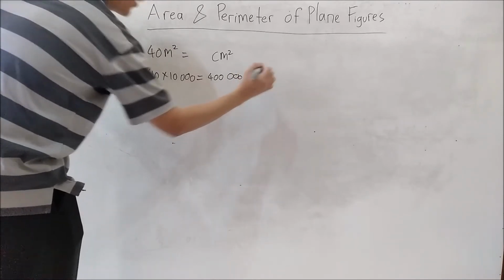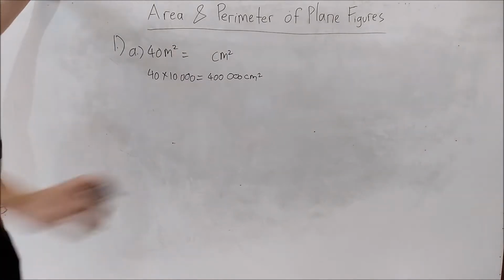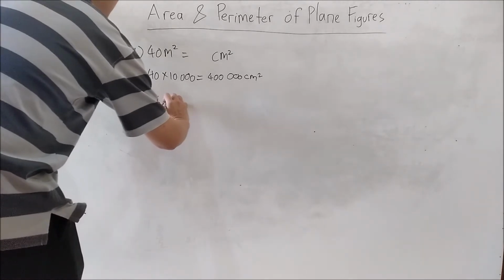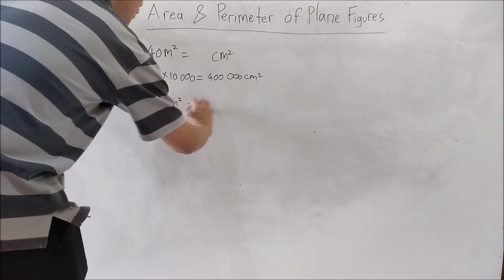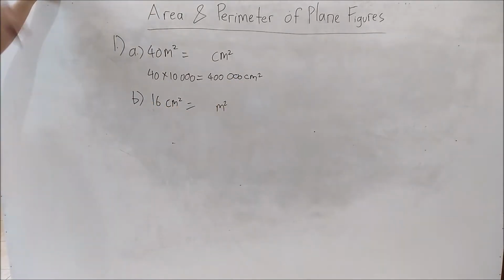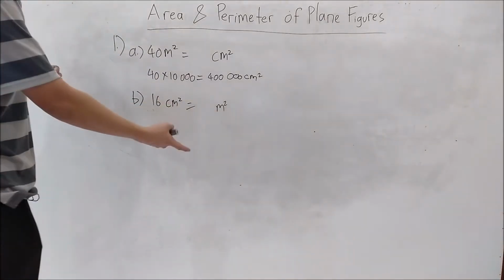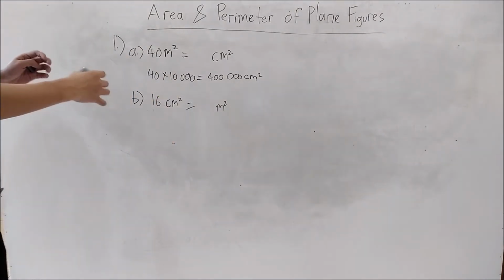Next, number B, 16 centimeter square in meter square. We are asked to convert 16 centimeter square into meter square. From centimeter square to meter square, we are going up this time, so it will be divide.